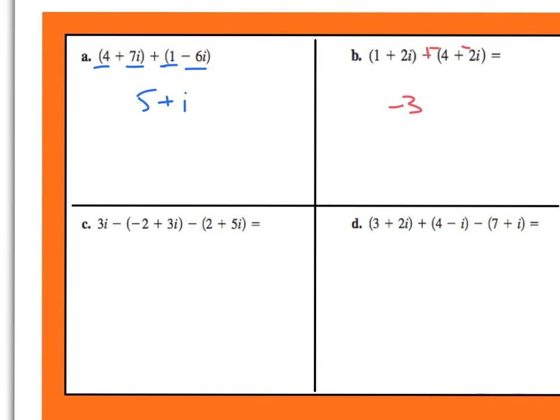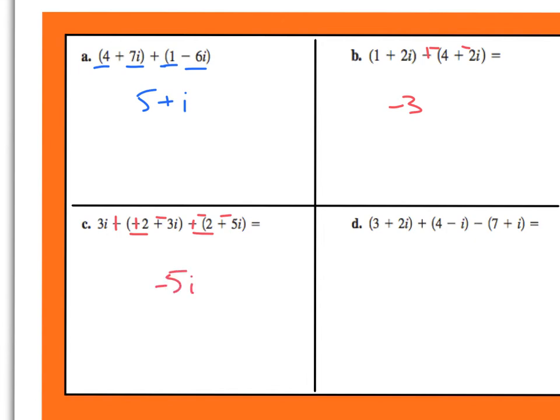All right, do C and D. So on this first one, I'm going to distribute the negative on both of them. And so when we combine terms together, what do my constants go to? Courtney, what do my constants go to? They cancel out. And then how many i's do I have?